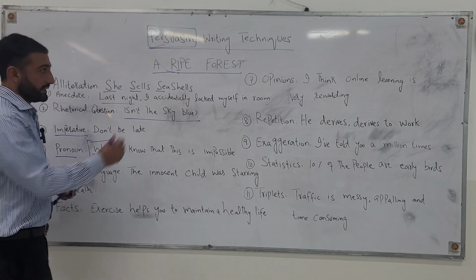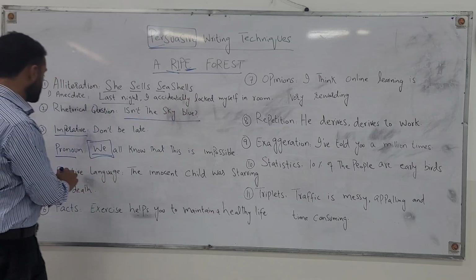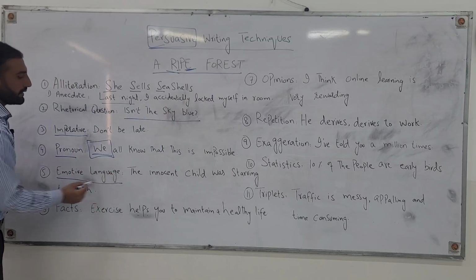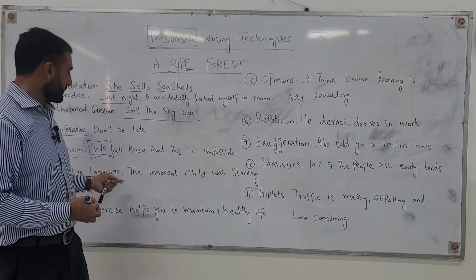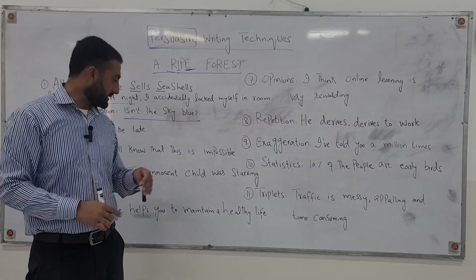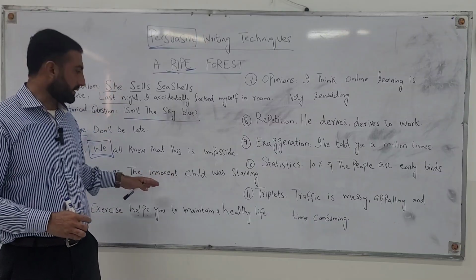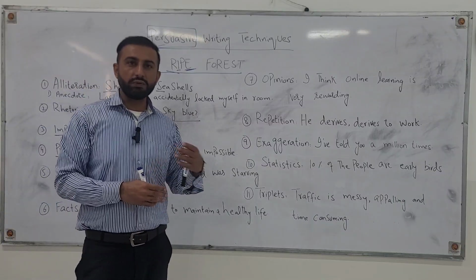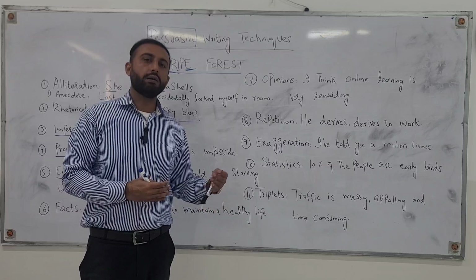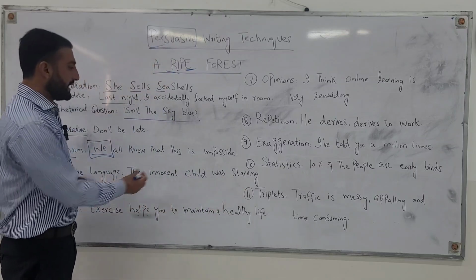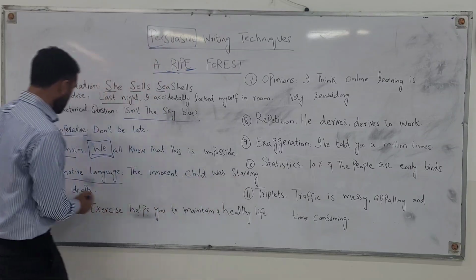Now, moving further with this E. E is emotive language. Emotive language is one of the techniques that is rigorously used in our writing. Why? Because we are trying to invoke emotion in our reader. So here: the innocent child was starving to death.